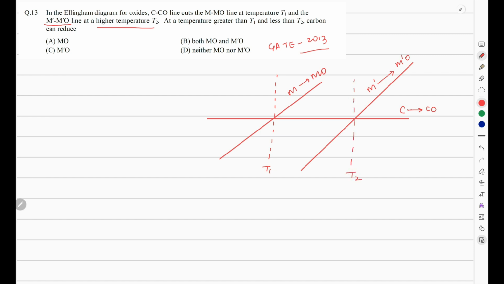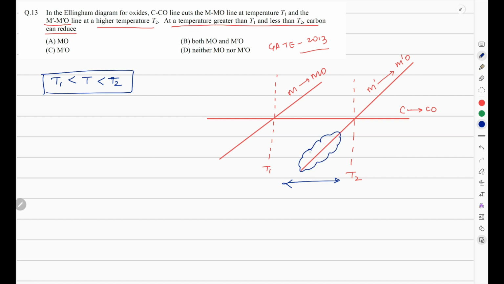At a temperature greater than T1 and less than T2, the carbon can reduce. So they are talking about this region, for temperature less than T2 but greater than T1. Clearly we can see that the M dash O line is lower, so this is most stable.